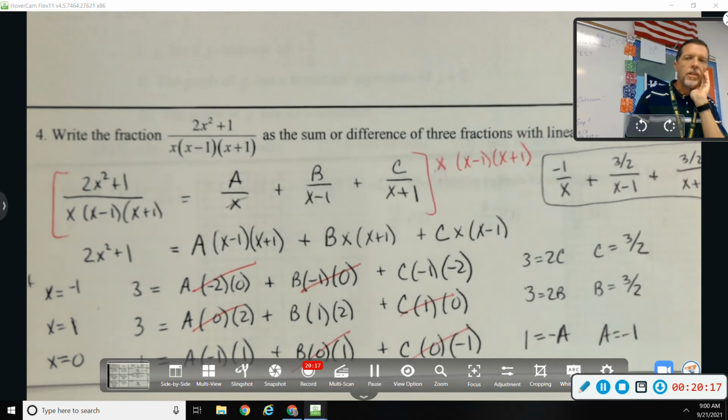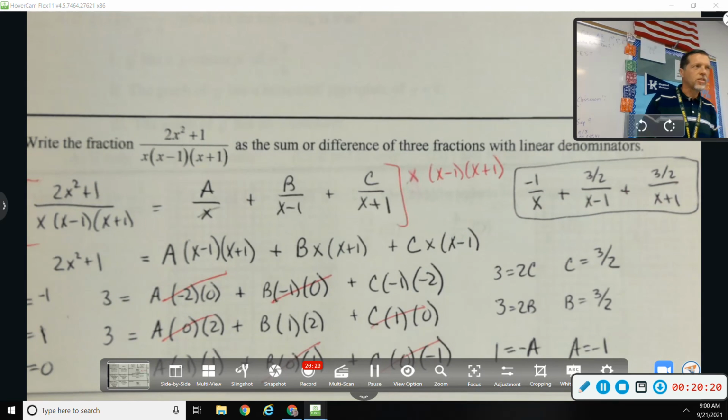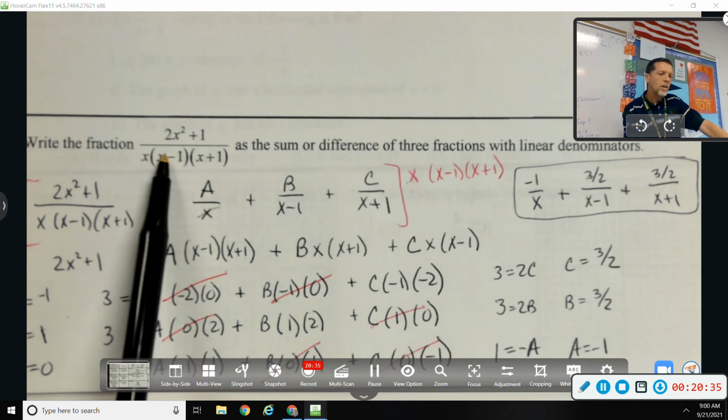So we un-added the fraction. And again, the importance of this really shows up in calculus, because we want to do something with this in calculus, but we can't do it when it's like that.